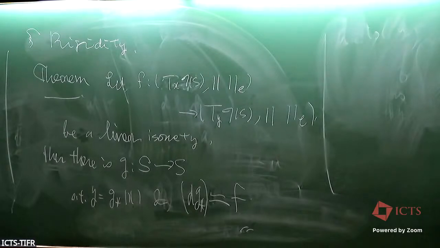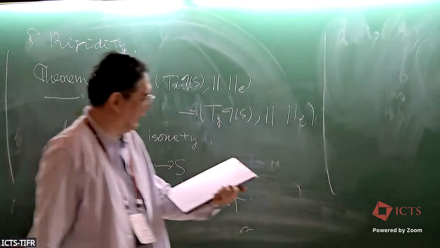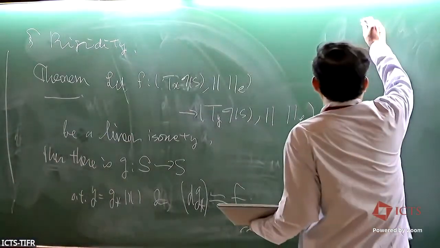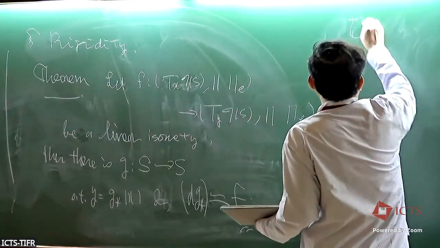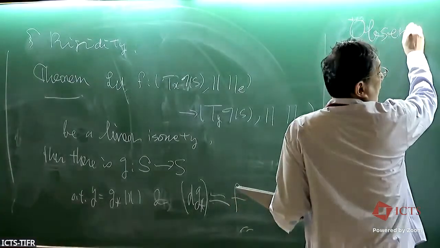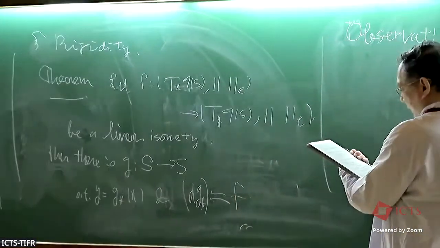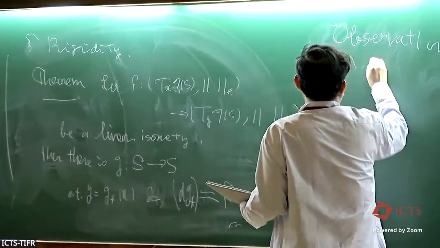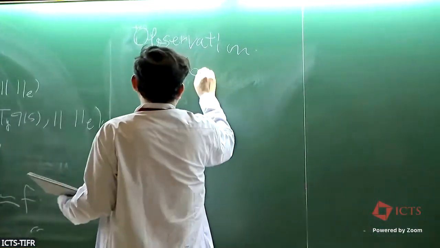We can prove this theorem by combining the following two arguments. The first is as follows, and this is probably a kind of observation. Suppose lambda and mu are in the measured lamination space.